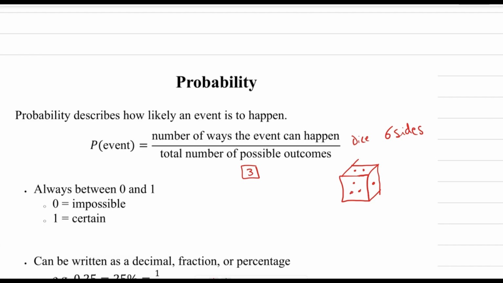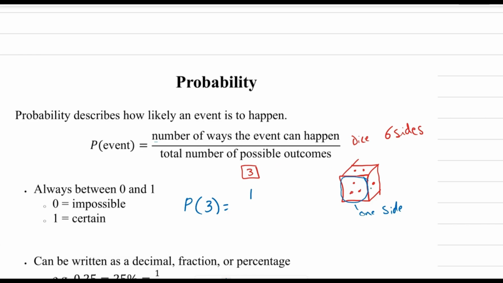If you look here, only one side has 3, right? So how to write the probability of having 3? It equals the number of ways that event can happen. It's only one side, only one side can make 3 happen. So it's 1 divided by the total number of possible outcomes.